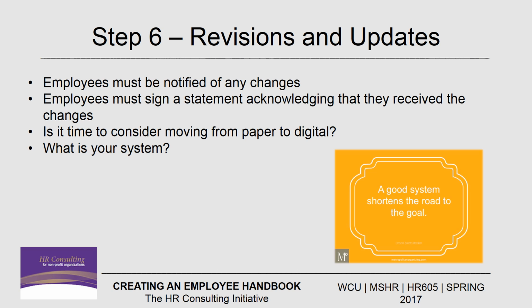If the goal is to get your policy set forth for your employees to have access to and to read, you must have a good system in place to do this. So far, in the first three modules, you've gone through the process of determining what needs to be included and how to go about assembling it. This strong and solid system will get you to your goal.